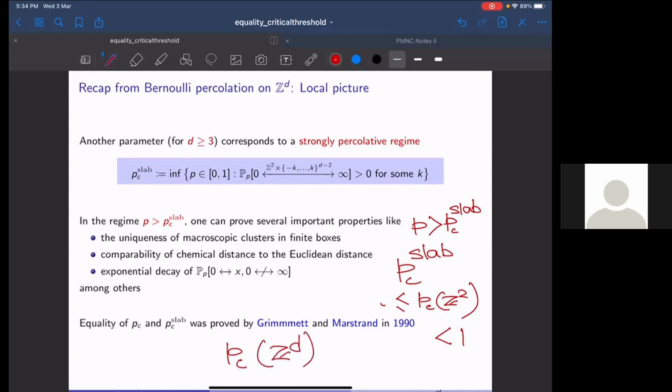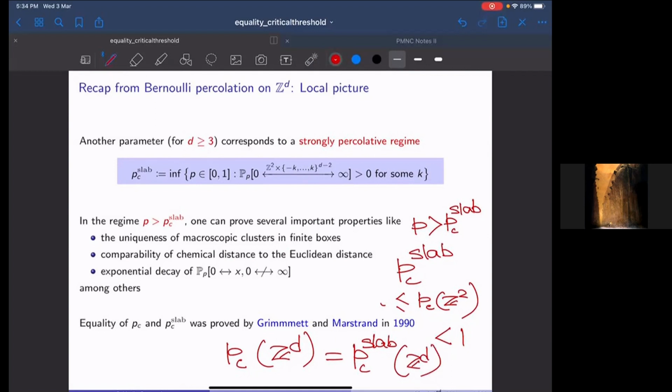It's not clear to me, just by knowing the definition, that p_c of the slab is not just equal to p_c of Z^2. Sure, but it is not, as you can see now, because p_c of Z^d is strictly smaller than p_c of Z^2, for d strictly bigger than 2. Thanks. Thank you.